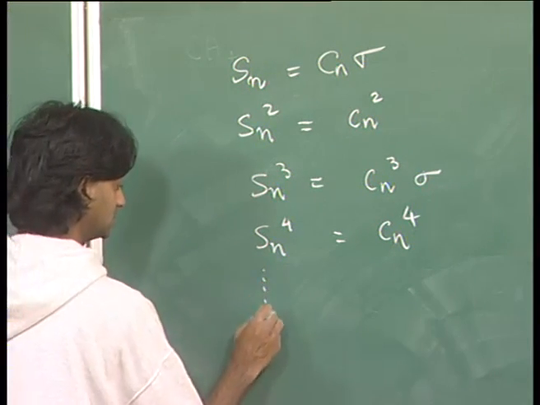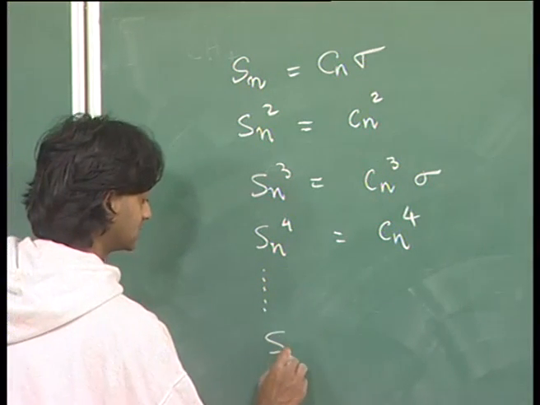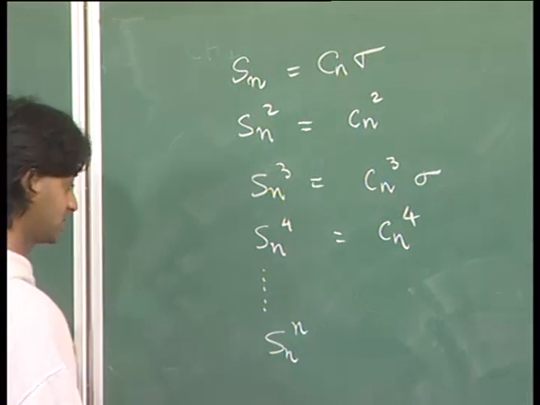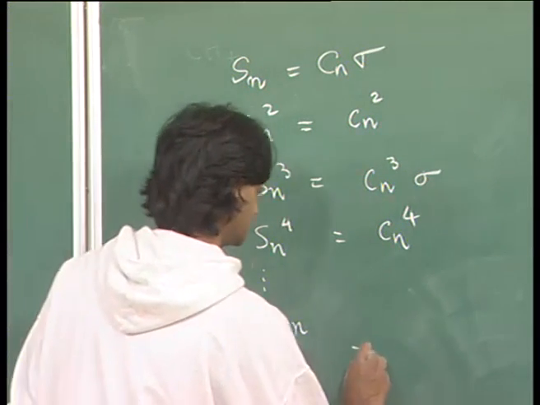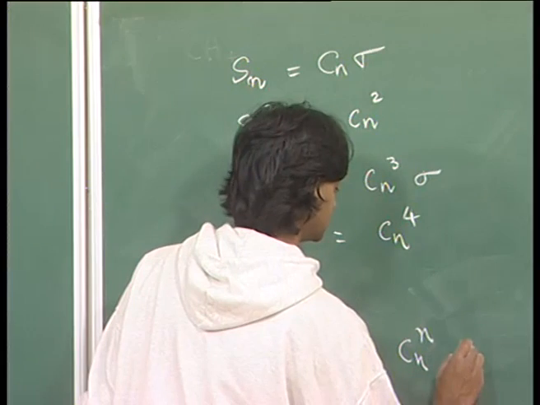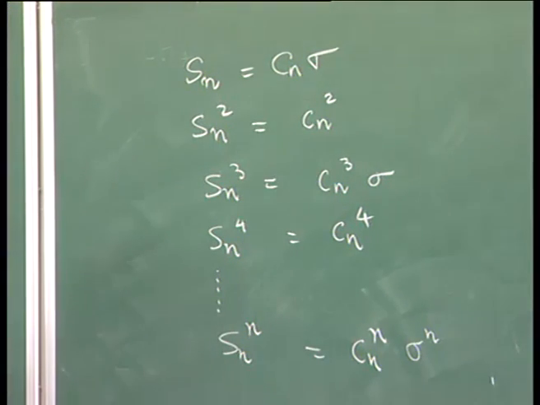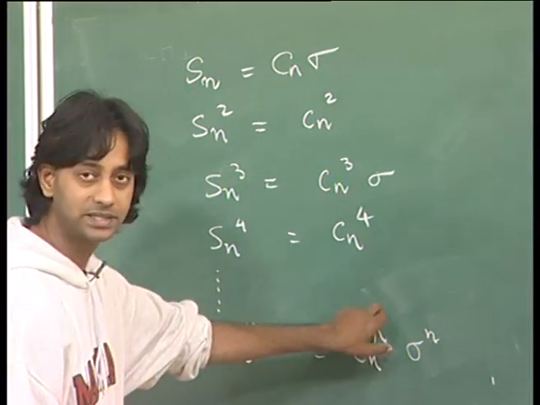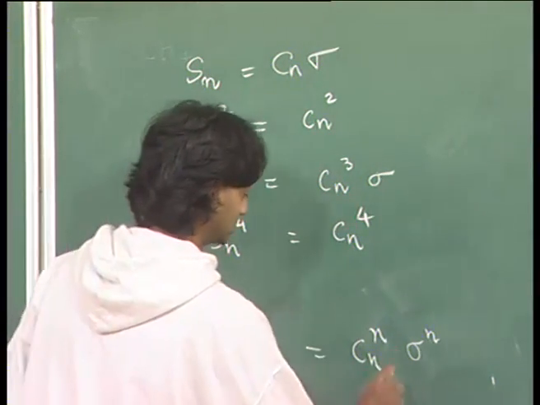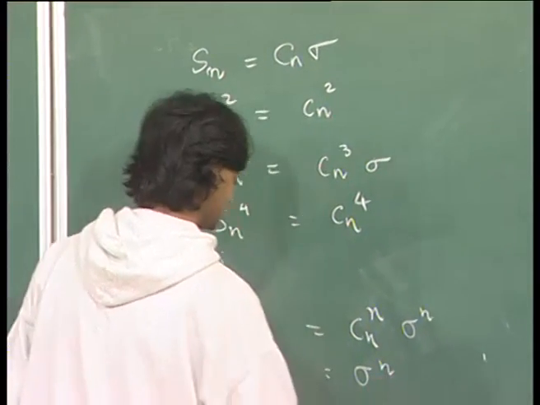Now, what is Sn raised to n? Sn raised to n is Cn raised to n times sigma raised to n. Now, Cn raised to n is nothing but identity. So, this is sigma raised to n.